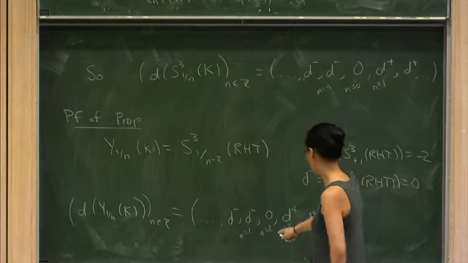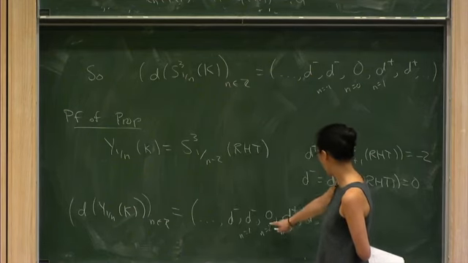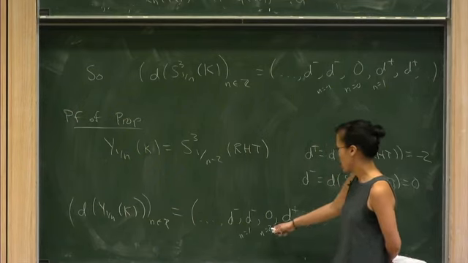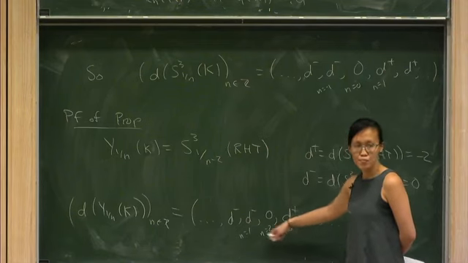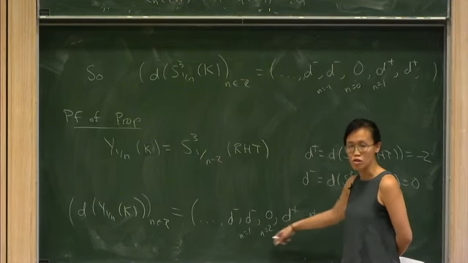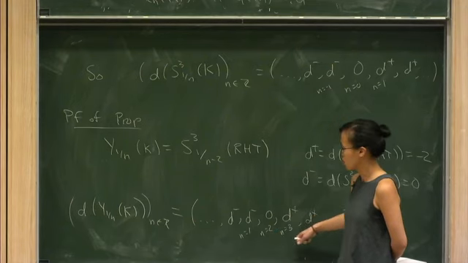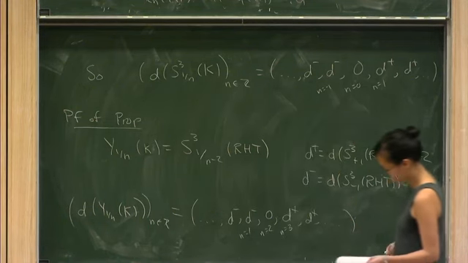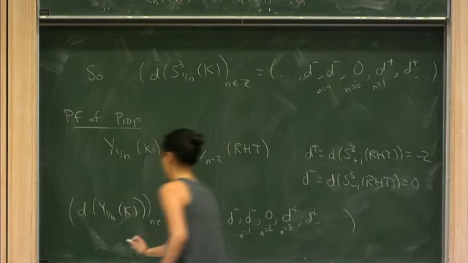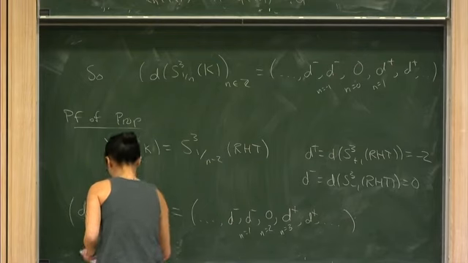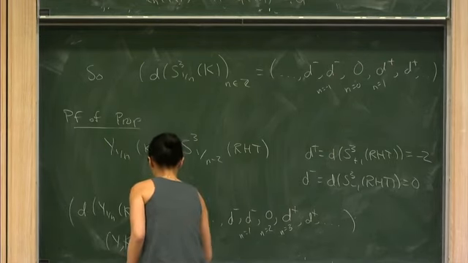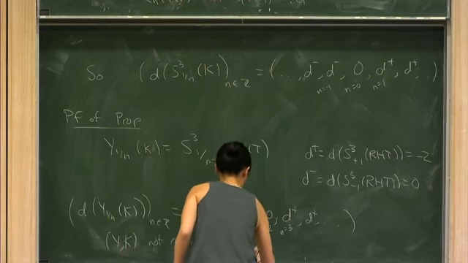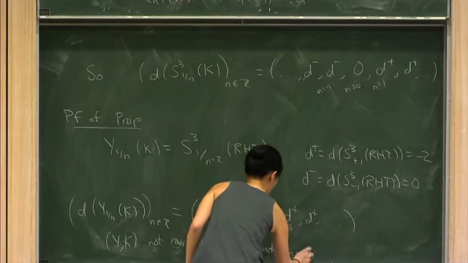So in particular, it jumps from 0 to -2. If it were concordant to a knot in S^3, it could only jump at 0, whereas here it's jumping between 2 and 3. So in particular, this shows that K in Y is not concordant to a knot in S^3.